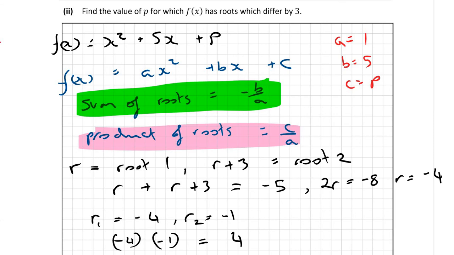Looking back to the quadratic equation, the product of roots is c over a, so it's our constant over 1. Therefore, p is equal to 4. They've said that the roots differ by 3. If I'd gone with r minus 3 instead of r plus 3, I would find that when I solve this equation, r would actually be minus 1, and therefore the second root would be minus 1 minus 3, which is minus 4.